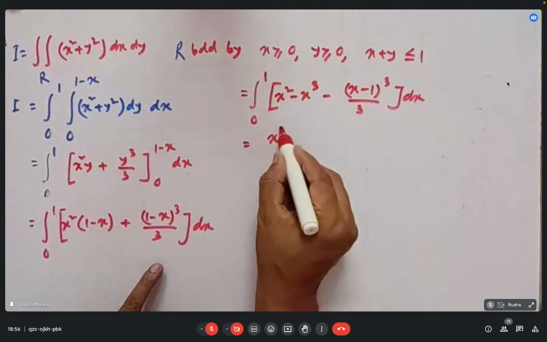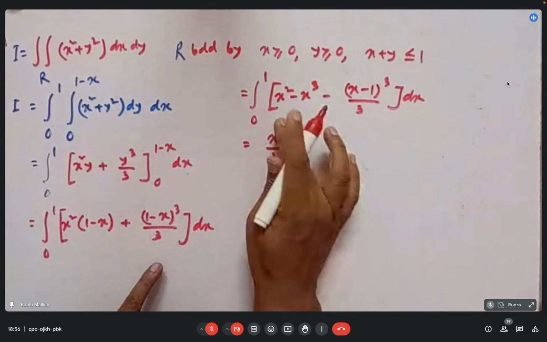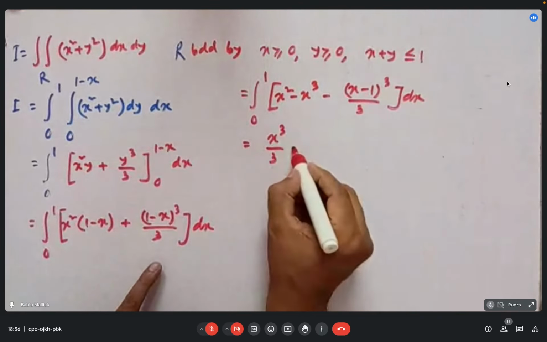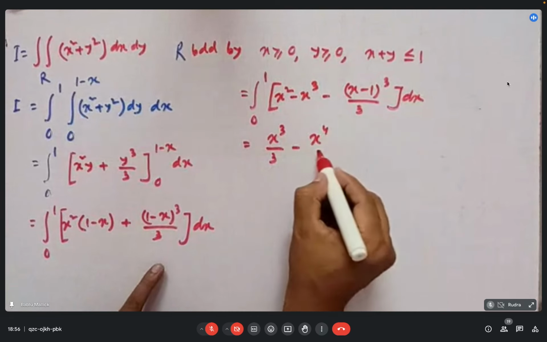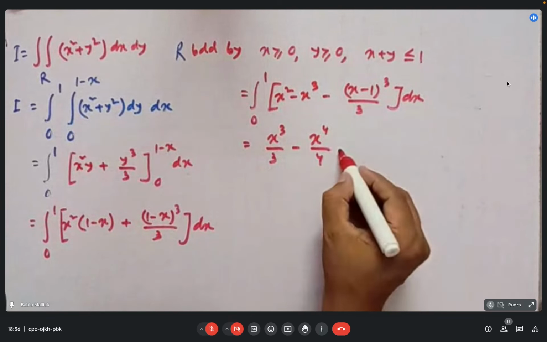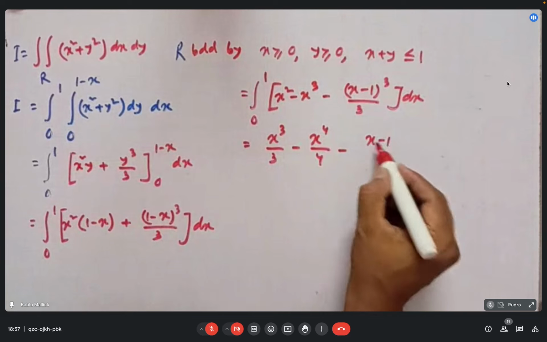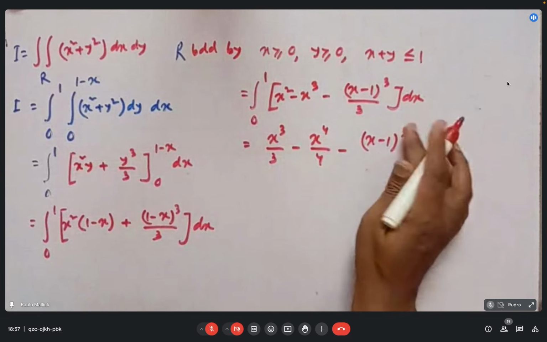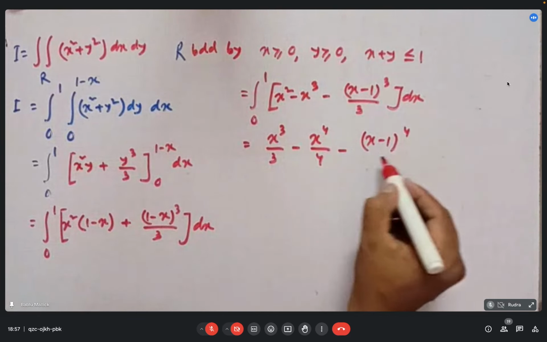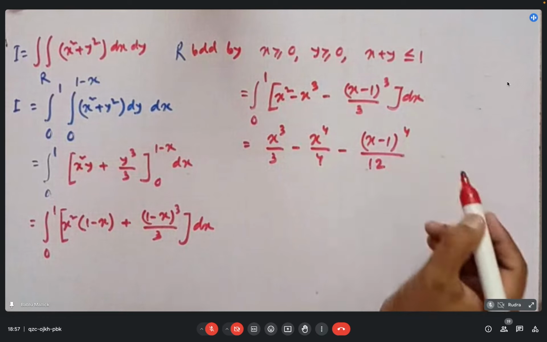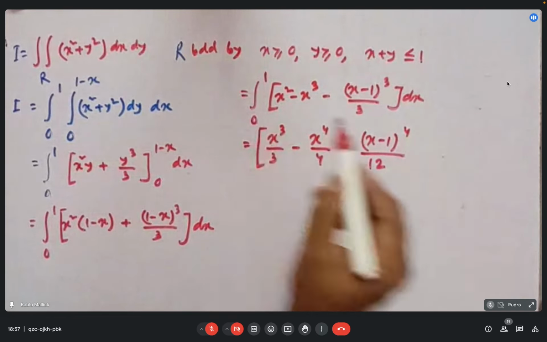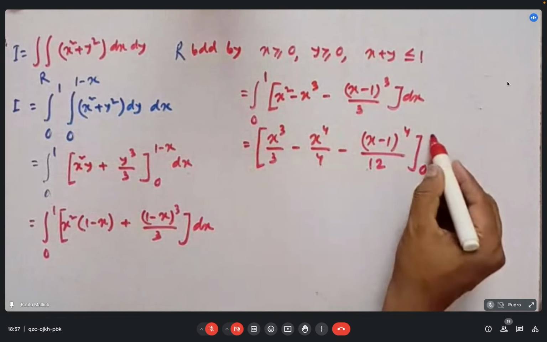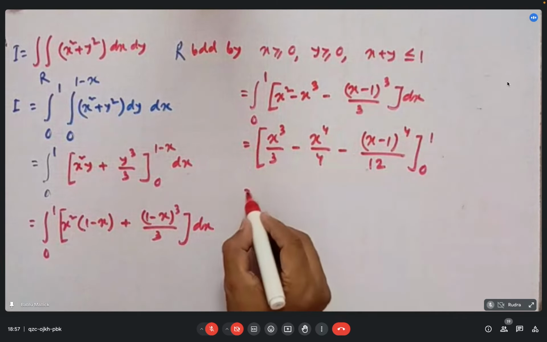This integration gives x cube by 3 minus x to the power 4 by 4 minus x minus 1 whole to the power 4 divided by 12, with limits 0 to 1.